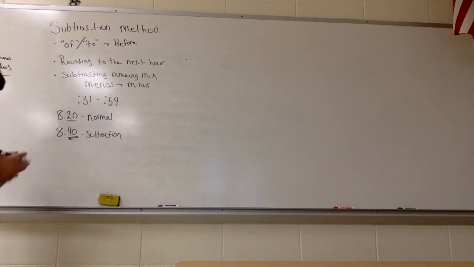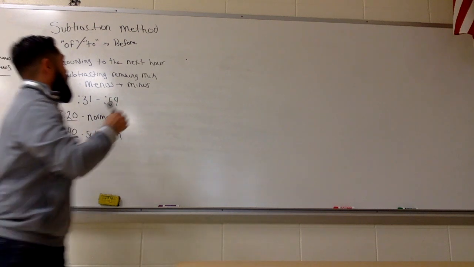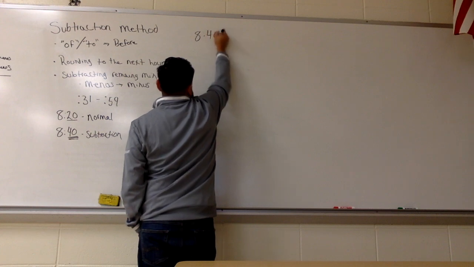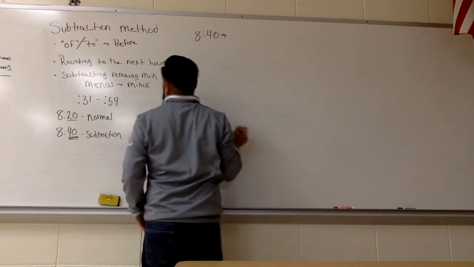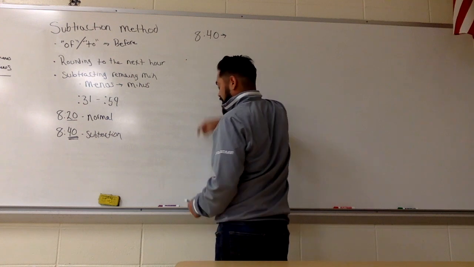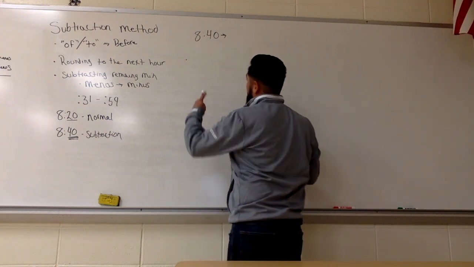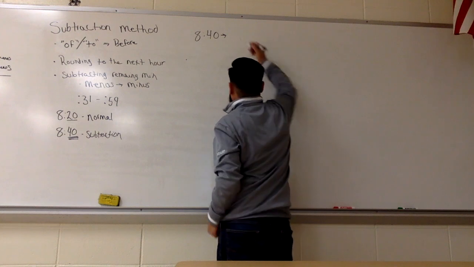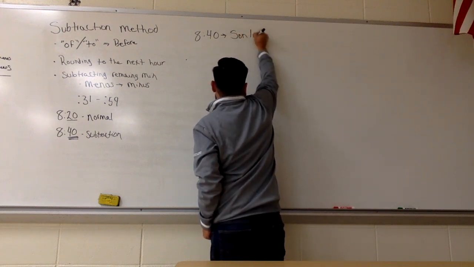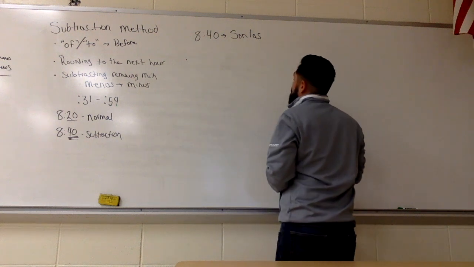And the subtraction method works like this. You take your time. We'll just stick with 8:40, okay? And again, we want to round up to the next hour and subtract the remaining minutes. So to start, we're going to start the same way. Because it's 8 o'clock, we're going to start by saying son las, which we normally do. All right, son las.